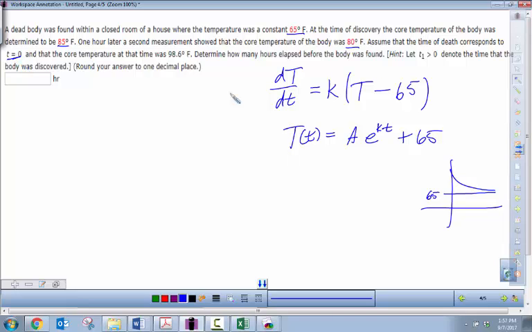The initial condition is that when t is equal to 0, your temperature is equal to 98.6. So e to the 0 is 1, and 98.6 minus 65 is whatever it is.